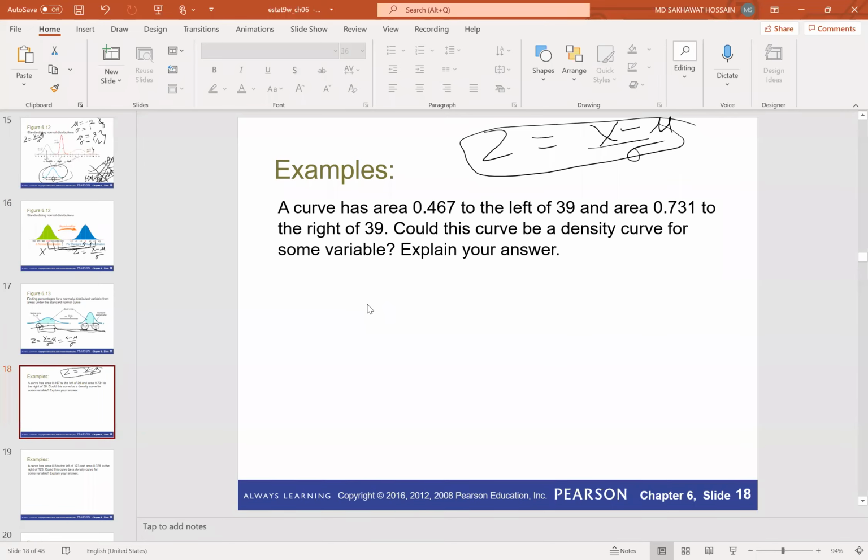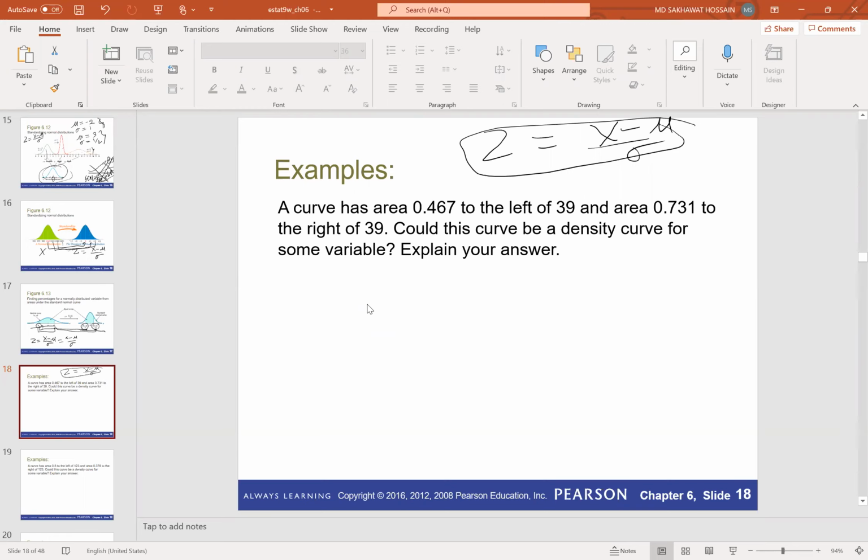Okay, so here we have examples. We'll go over a couple of examples. The first one is: a curve has area 0.467 to the left of 39. Here this is a general density curve. They didn't say that this is a normal density curve.